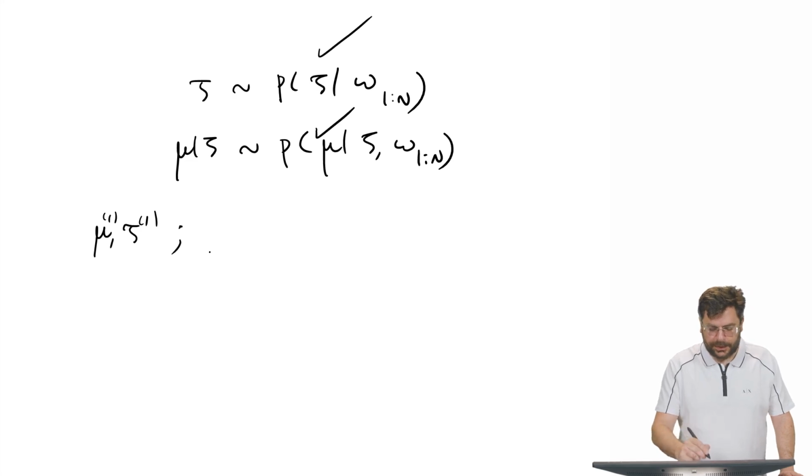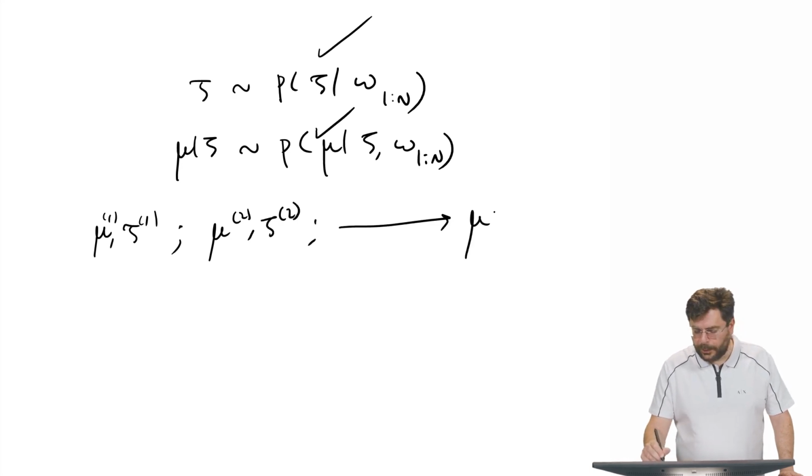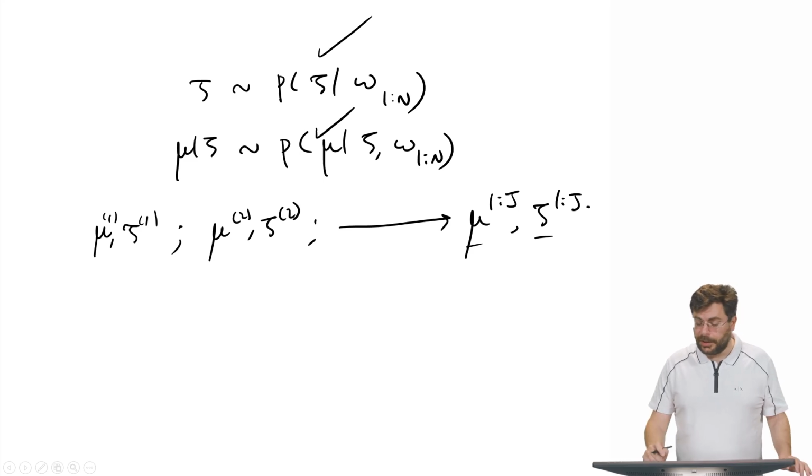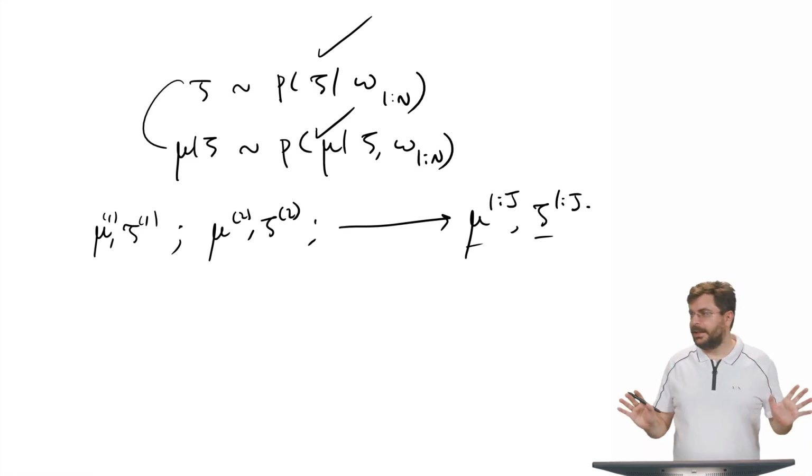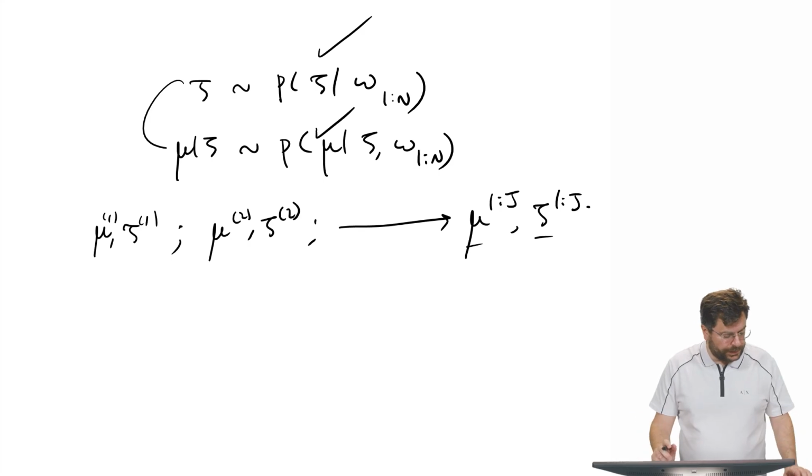Then after the next iteration, we can choose to draw another sample, all the way up to big J, which in the end will give us, as we said, big J samples of mu and tau. This is a Monte Carlo method. All of our samples are independent. Each iteration is completely independent of every other iteration.